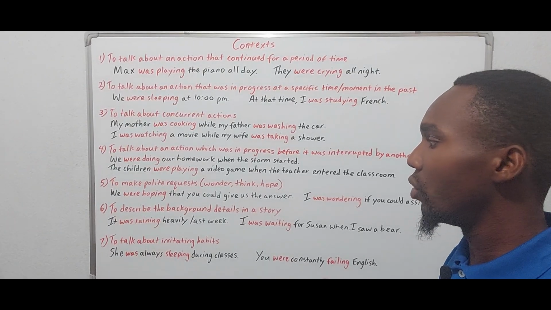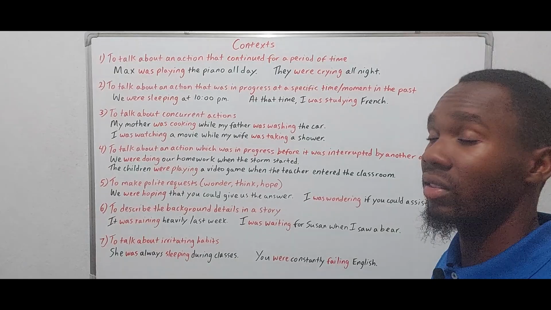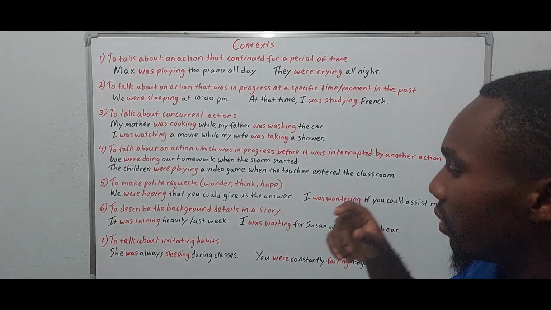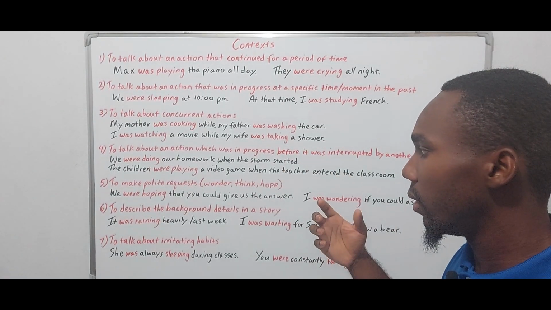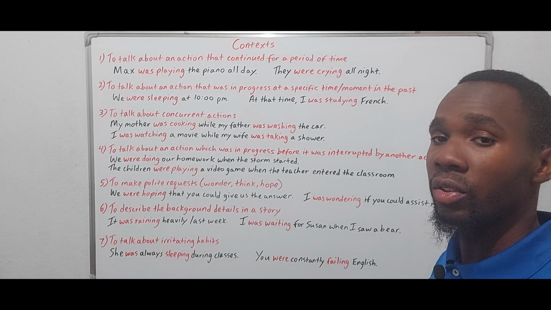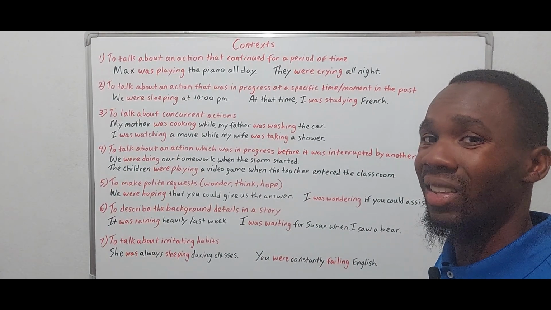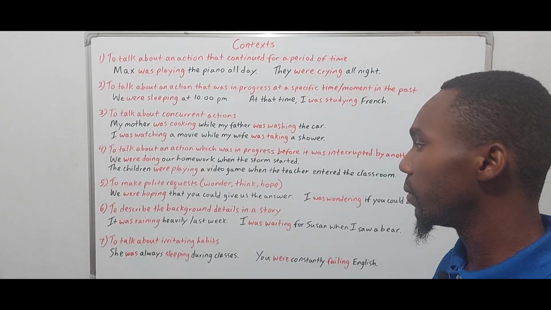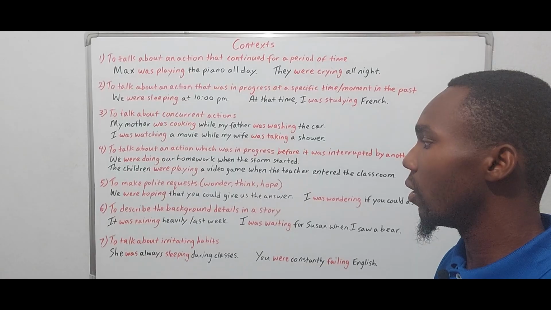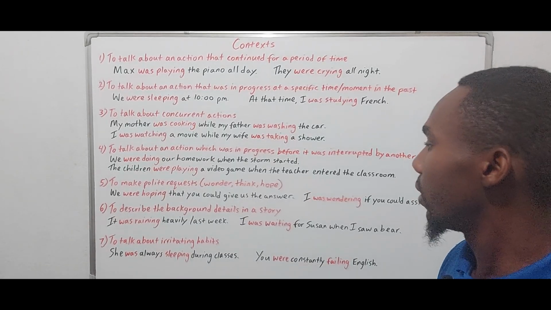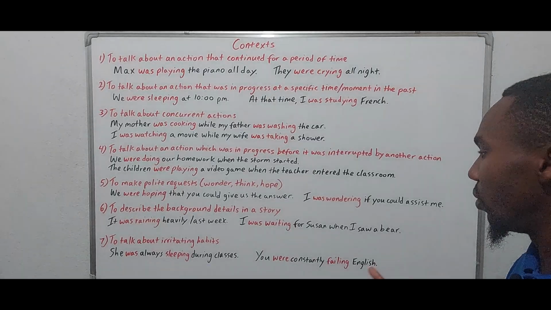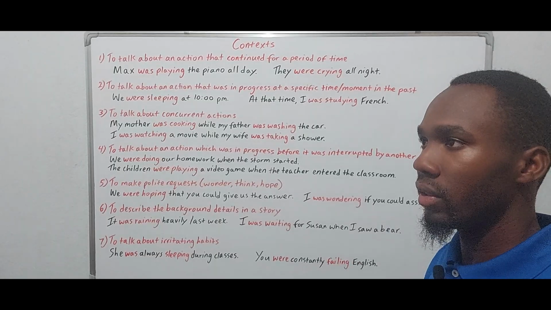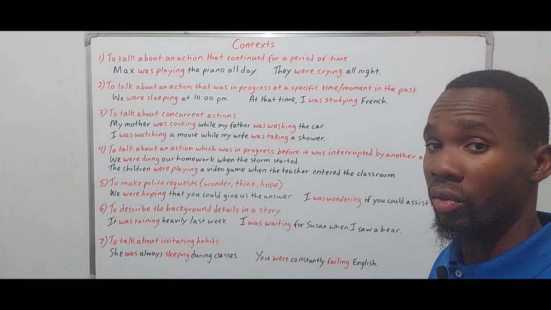So when you give them those details that help them to understand the story, you're going to see the past continuous being utilized a lot to describe the setting, right? For example, it was raining heavily last week. So this is an example of the setting. And I was waiting for Susan when I saw a bear. So again, these are details that help us to understand the story better.